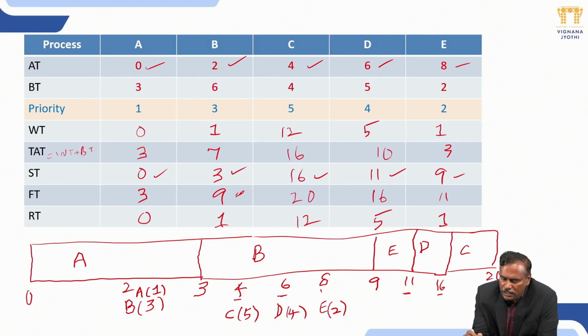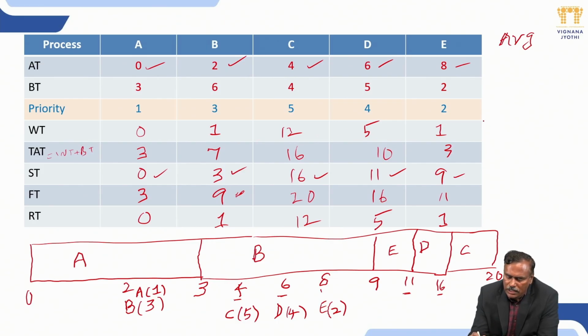If you want to find the average of these values, like average turnaround time or average waiting time, then what you are supposed to do? Suppose you want to find the average waiting time, you know the individual waiting times of each process. The individual times of the processes A through E are 0, 1, 12, 5 and 1 respectively.